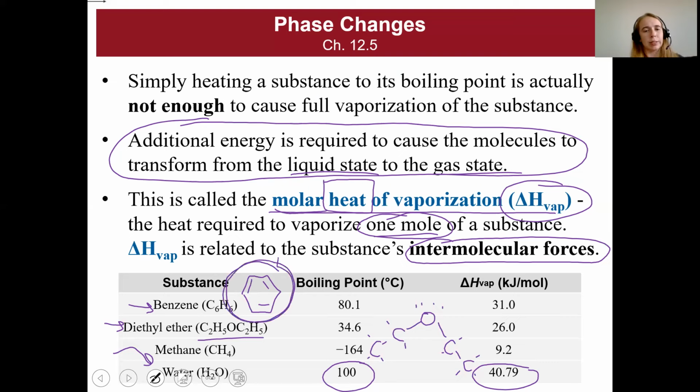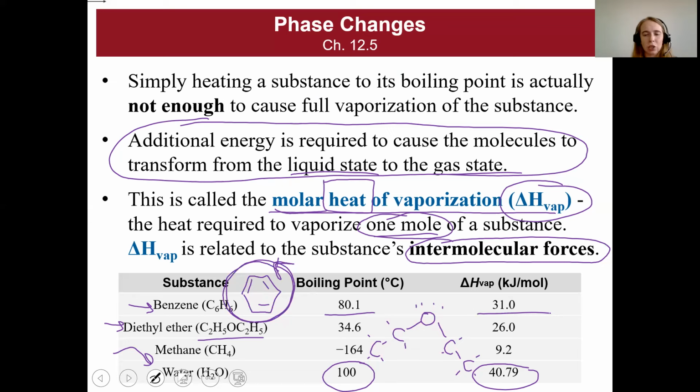Those electrons are delocalized, so they are not focused on any one point of the benzene ring, but they are delocalized over the whole thing, which really helps with its polarizability, as your textbook explains. So benzene actually has a higher boiling point and delta H of vaporization compared to diethyl ether, even though diethyl ether is polar and benzene is not. So polarizability, again, can come into play a lot here.